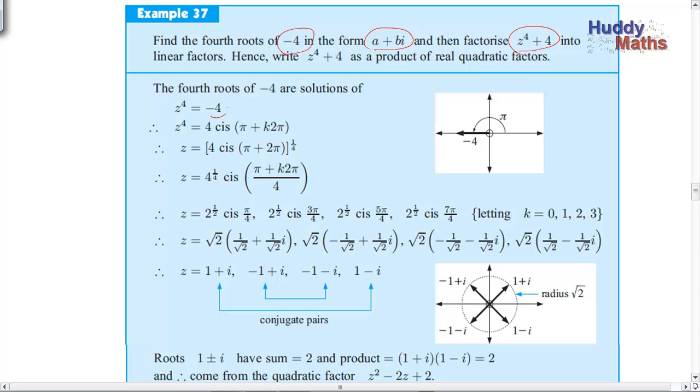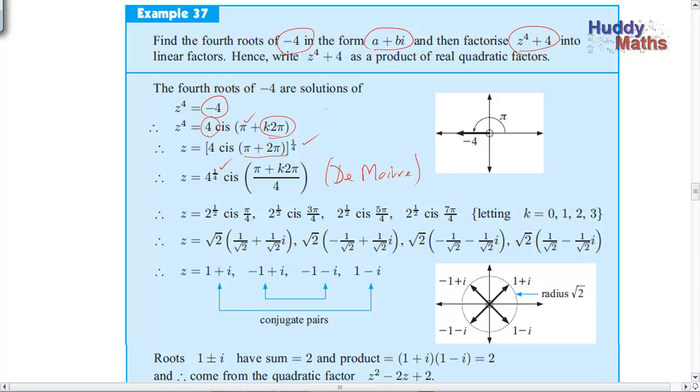So let's change neg 4 to r cis theta form, so it's 4 cis pi plus 2k pi. Okay, so then we're going to use De Moivre's theorem here, and we're going to raise everything to the quarter, so it's 4 to the 1/4, and finding a quarter of this, pi plus k times 2 pi on 4.